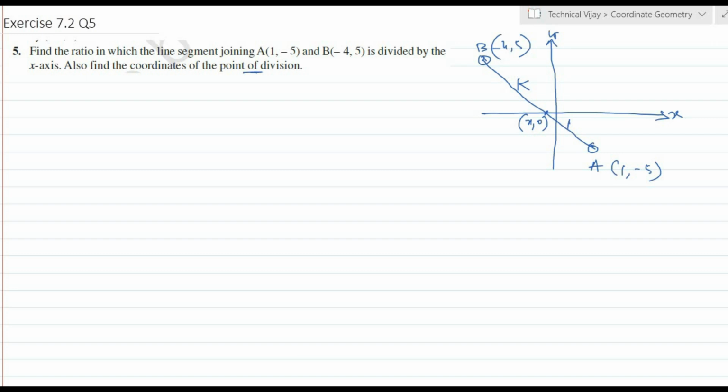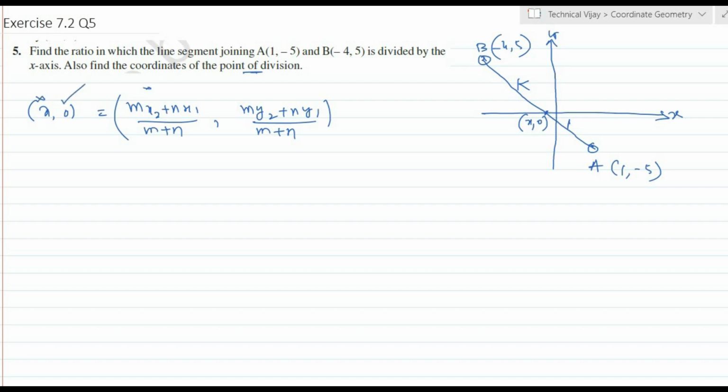So now we know that for (x, 0) the formula will be (m x2 + n x1)/(m + n), (m y2 + n y1)/(m + n). Okay, so here we know the value of the y coordinate. The x coordinate value we don't know.